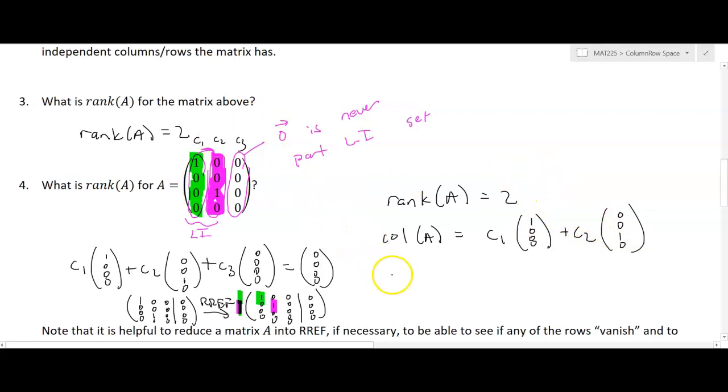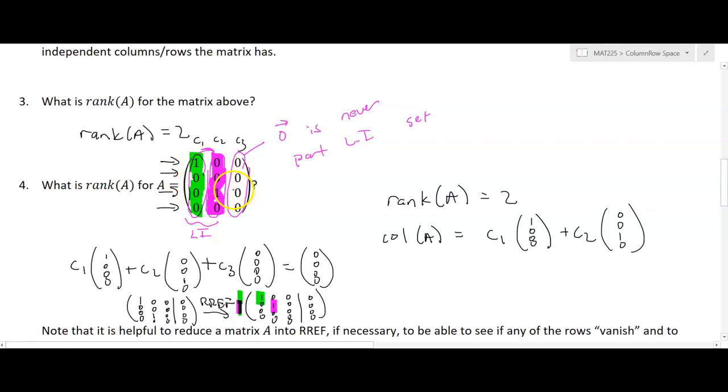Now the row space of A should also just consist of 2 vectors. Look at my rows: 1, 0, 0; 0, 0, 0; 0, 1, 0; and 0, 0, 0. So the second and fourth rows are both 0 vectors, so those cannot possibly be part of a linearly independent set.